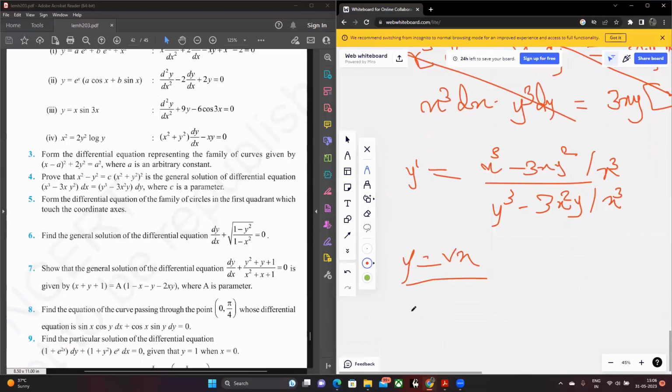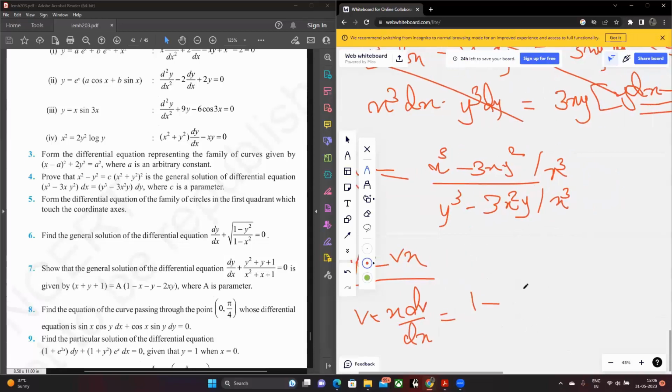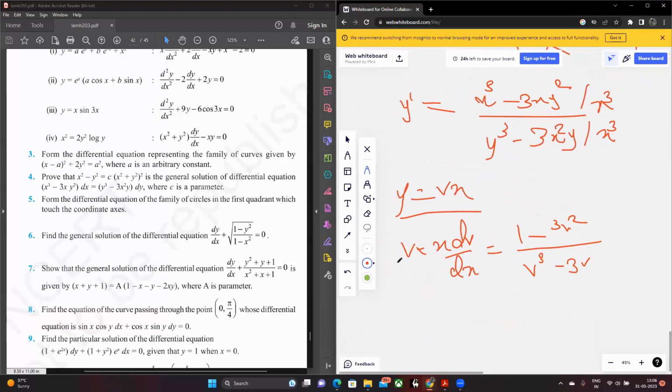So you're going to get v plus x dv by dx equaling 1 minus 3 times v squared divided by v cubed minus 3v. Bringing this to the other side, this is minus v.